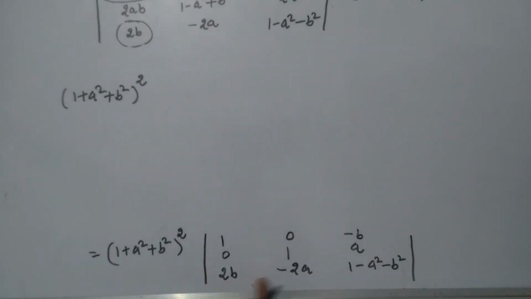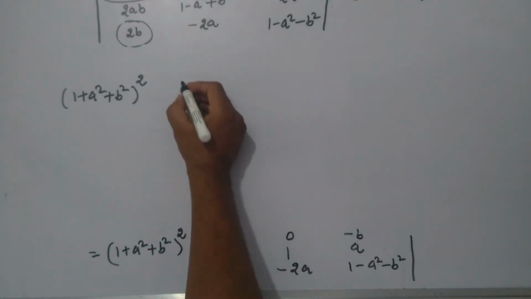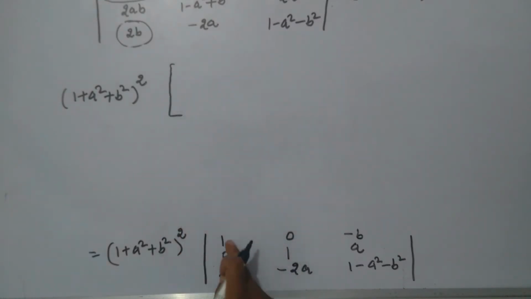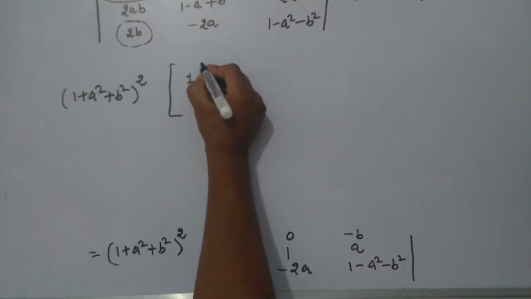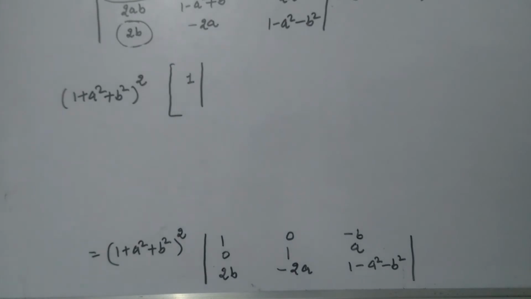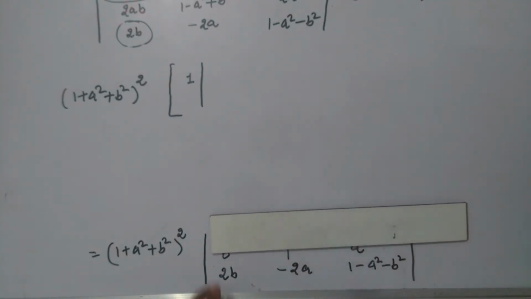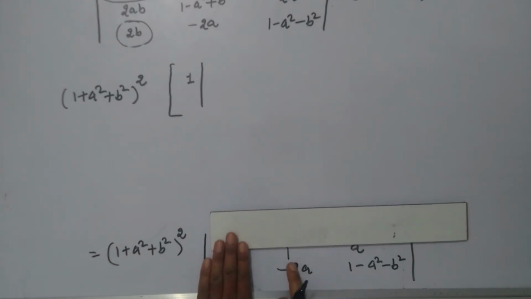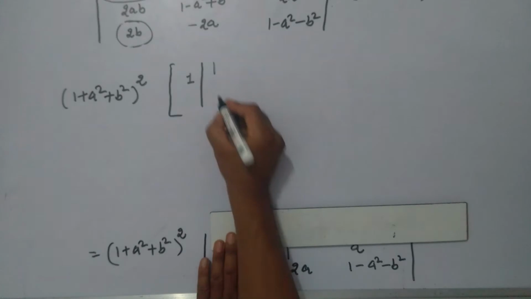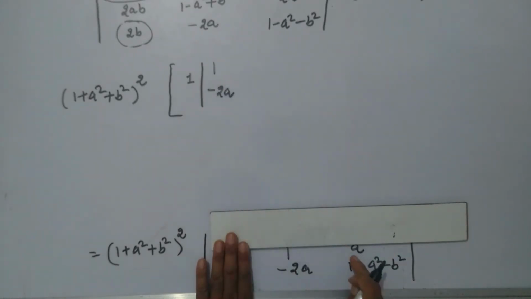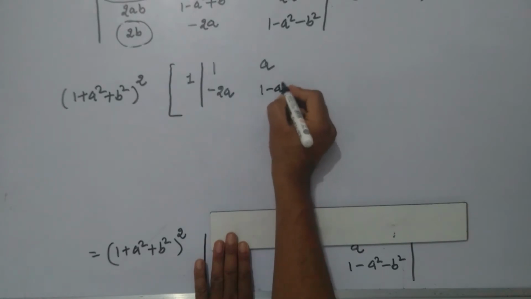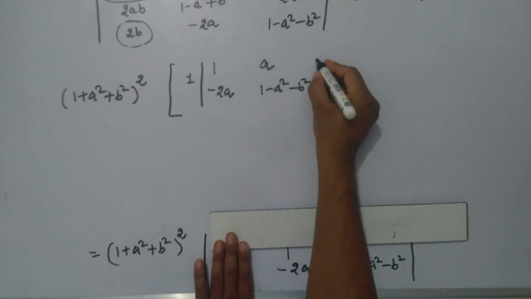Because we are expanding about C1, first of all we write 1 into the determinant corresponding to this; row 1 and column 1 we eliminate. We are left with the determinant of 1 minus 2a, a, 1 minus a square minus b square.